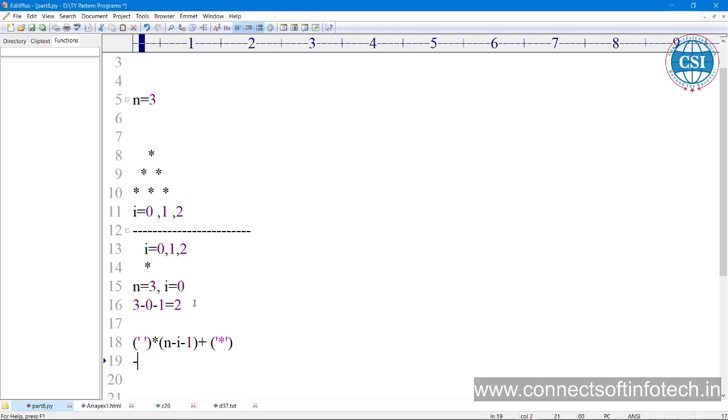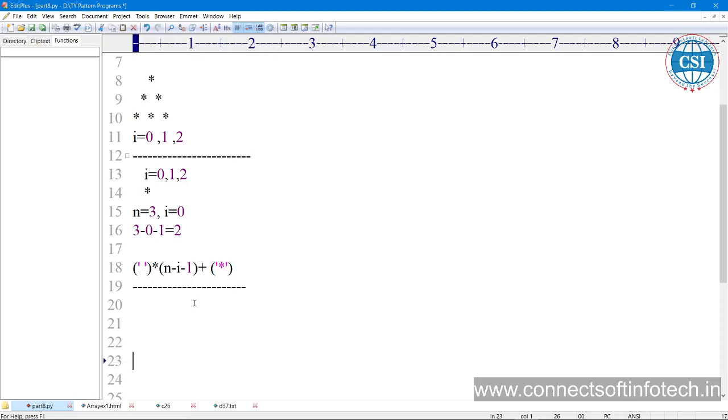Now what is going to be printed here? Let us see. 2 spaces, after that plus means concatenation, and the asterisk. When i is equal to 0 in the first iteration, this is going to be printed. How many times do you have to print this asterisk?